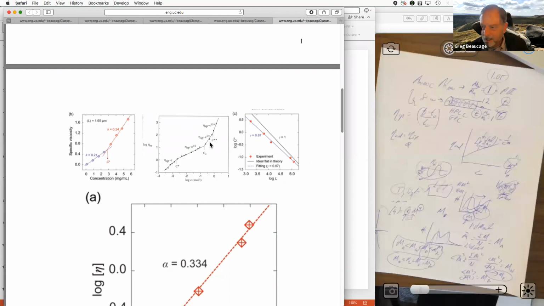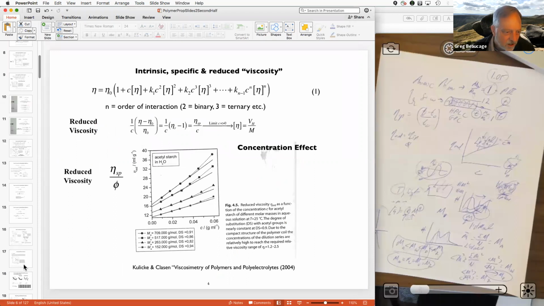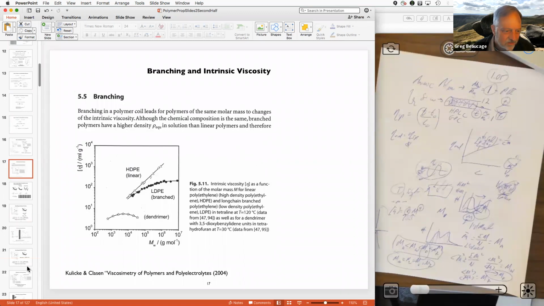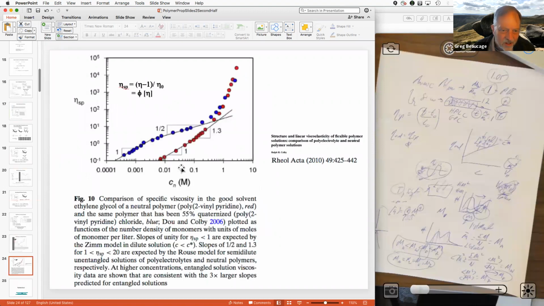Right, in the, let's see, in the notes here. So this is comparing a linear polymer. The red one is not charged.